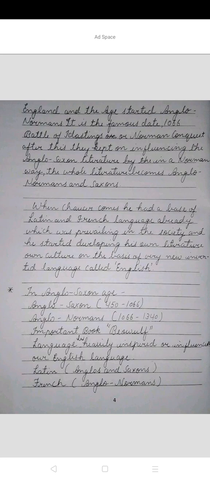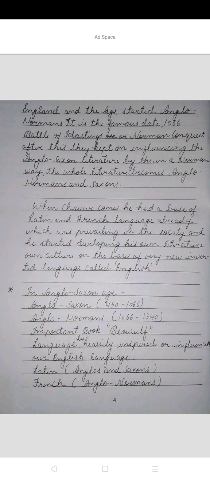The whole literature becomes Anglo-Norman and Saxon. When Chaucer comes, he had a base of Latin and French languages already prevailing in society, and he started developing his own literature and culture on the basis of a very new invented language called English. Chaucer introduced the English language.